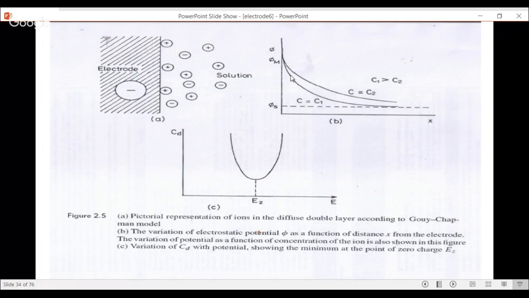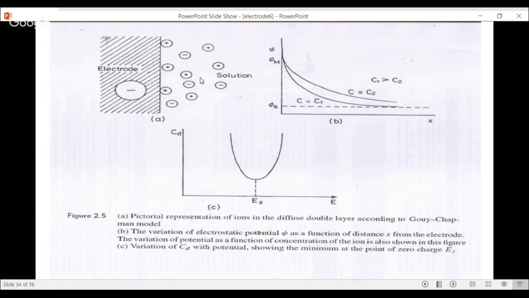So when the first layer capacitance is greater than or equal to the second layer capacitance, the first layer alone is this. When the first layer and second layer capacitances are equal, then it is like this. So psi m is linear and then remains constant.